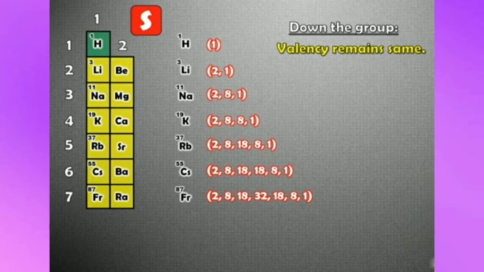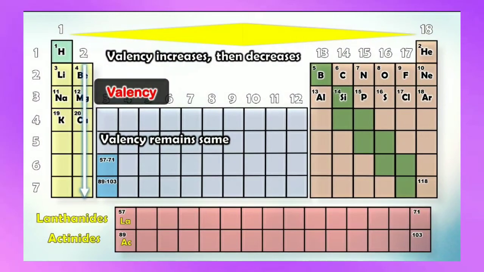So what variations can we observe in valency if we observe the modern periodic table? If we go from left to right in a period, valency increases and then decreases. And if we go down the group, valency remains the same.